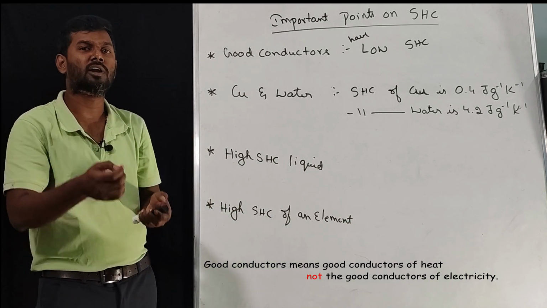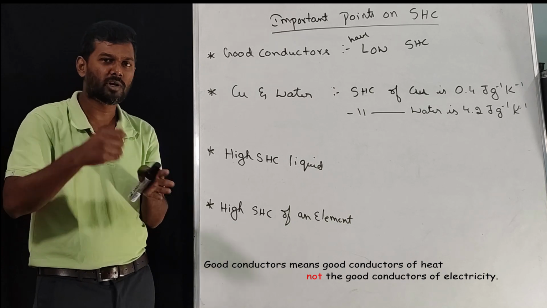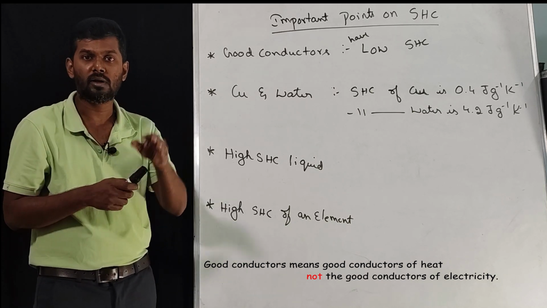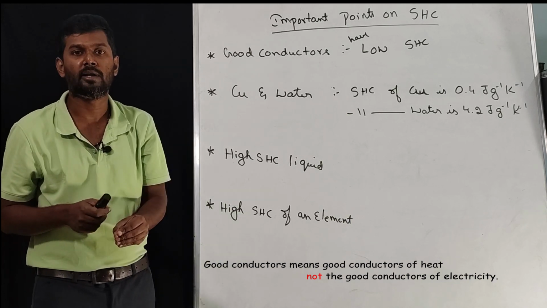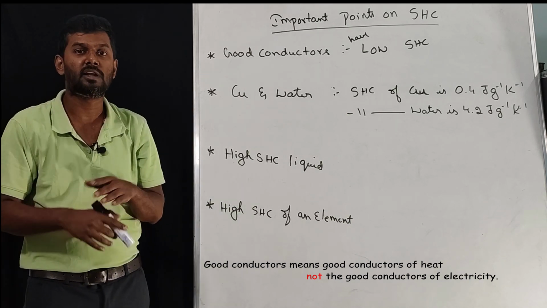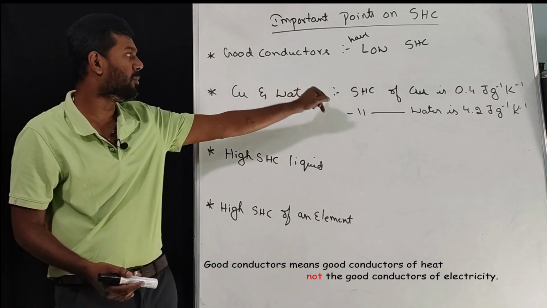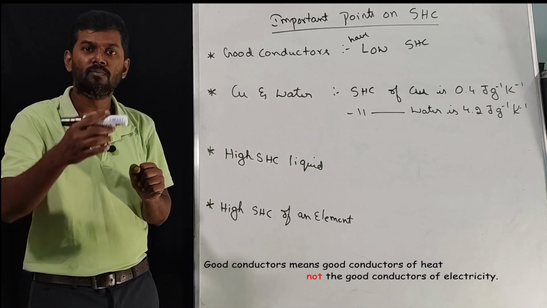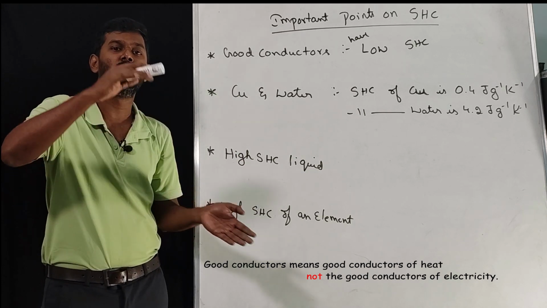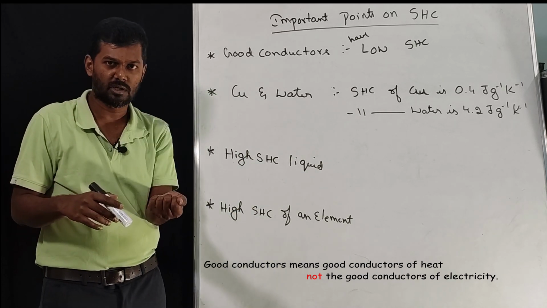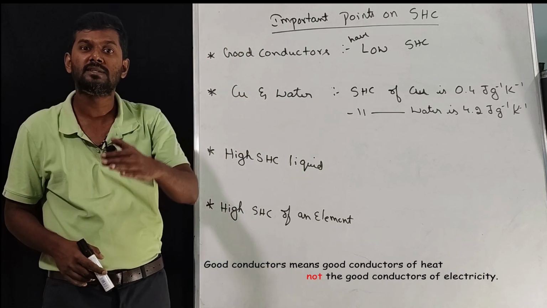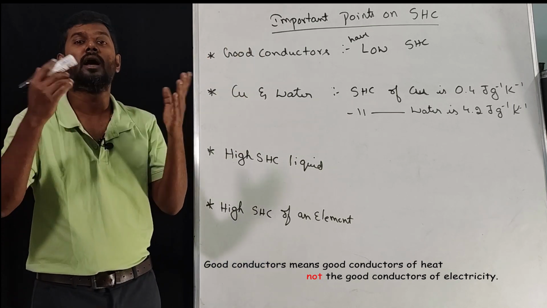Once you take the water out of the copper vessel, the temperature of copper decreases rapidly. That means the increase or decrease in temperature happens rapidly in copper compared to water. But when it comes to water, the temperature rises slowly, and if you turn off the gas stove also, the temperature of the water decreases slowly. It will not happen rapidly.